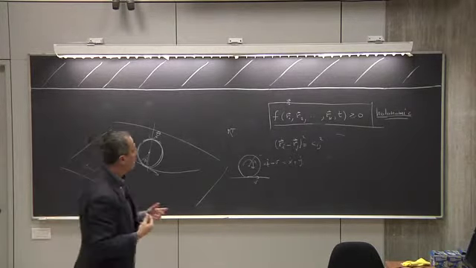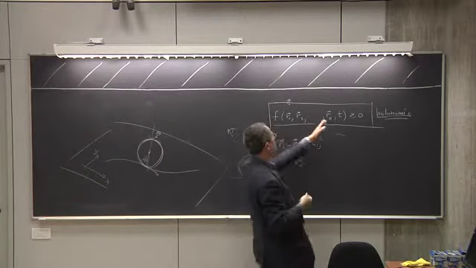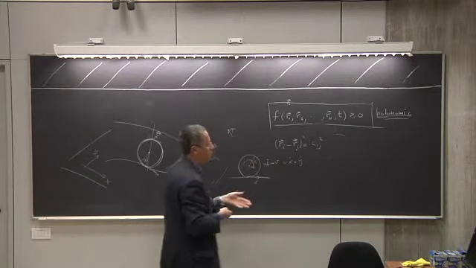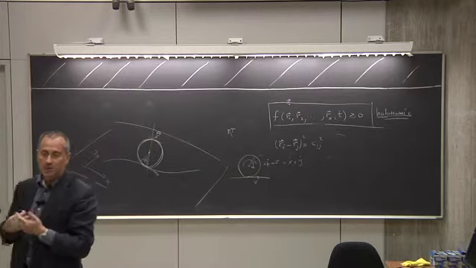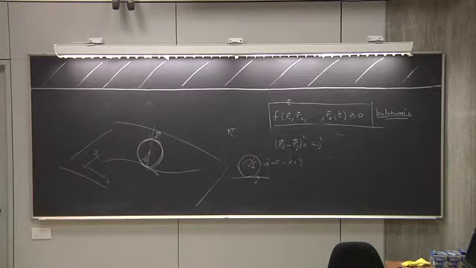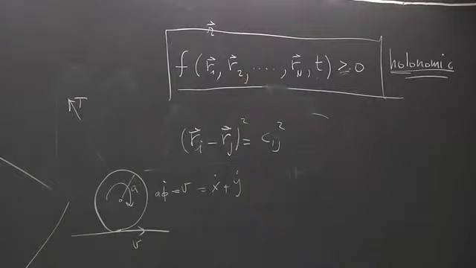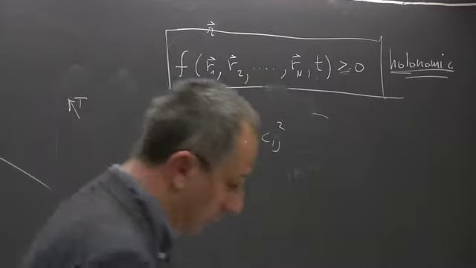So if I'm going to forget about the constraints by using the generalized coordinates, I should also be careful that the forces of your constraints are not doing any work. Okay? And that's usually the case, but it's not always true.